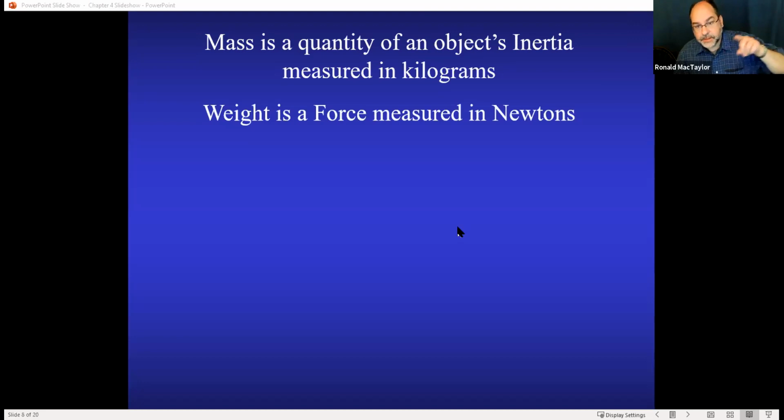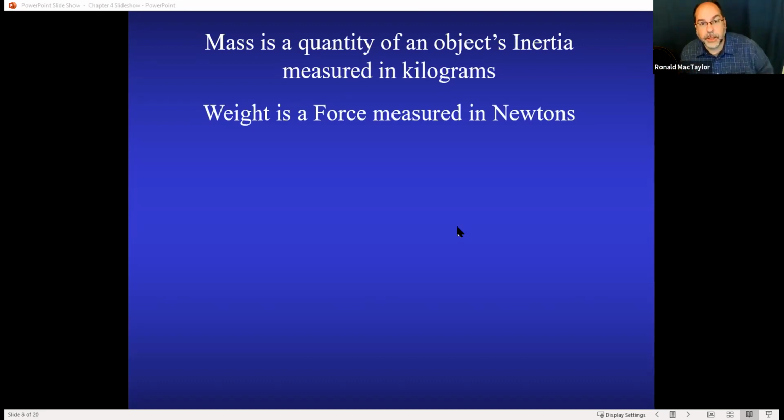Weight is different from mass. Weight is a force and it's measured in newtons. It probably doesn't matter what system you use to represent weight, because here near the surface of the earth, we're just used to a very close connection between mass in kilograms and weight in newtons.